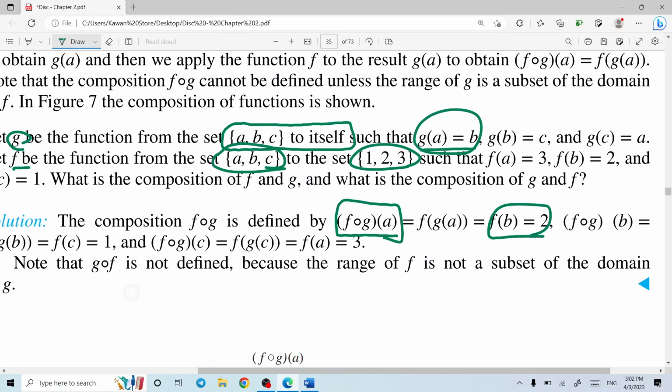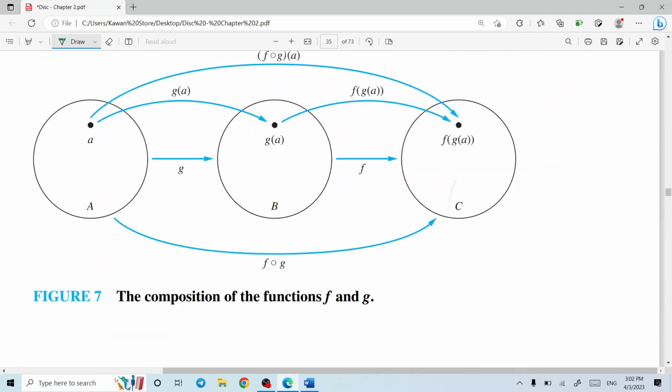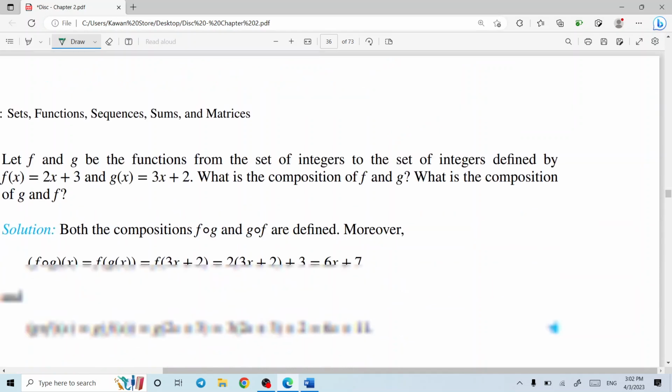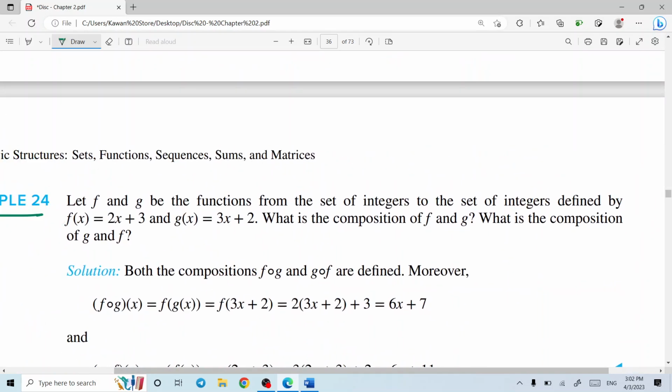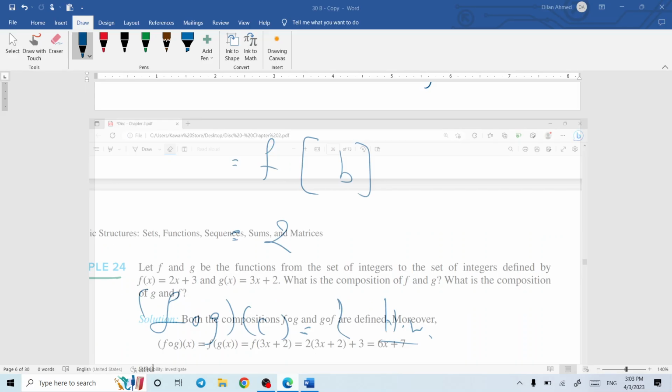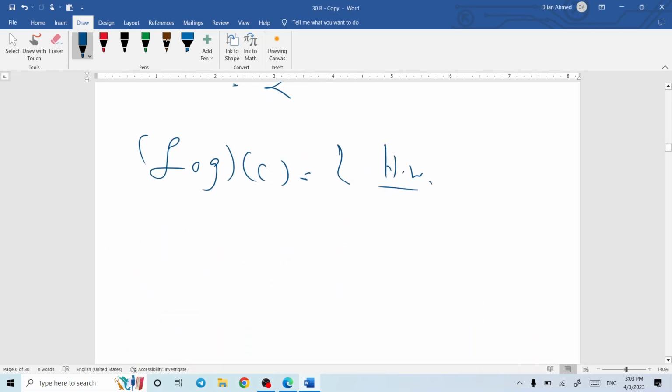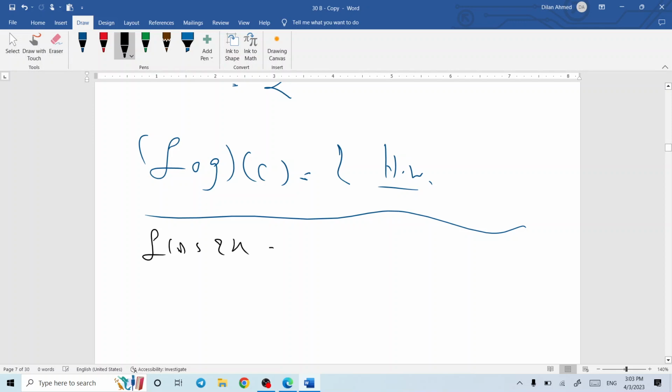Now another type of question, maybe continuous functions, and that's the diagram that we talked about. Maybe the examples are continuous. We have F and G, and maybe I'm going to ask you 4 questions or 5, 6 questions. How? F is equal to 2x plus 3, and G equal to 3x plus 2.